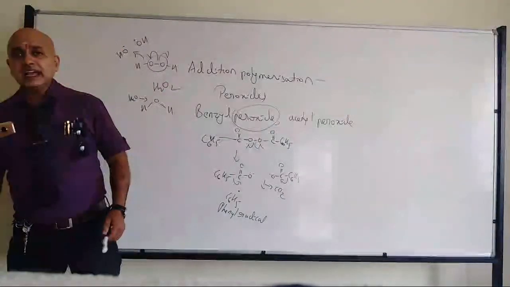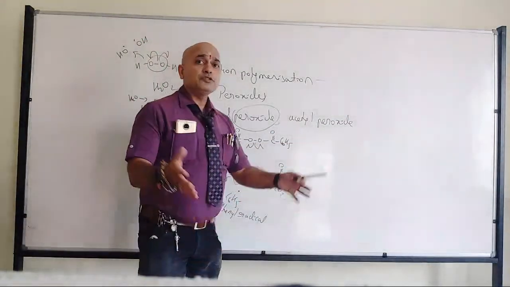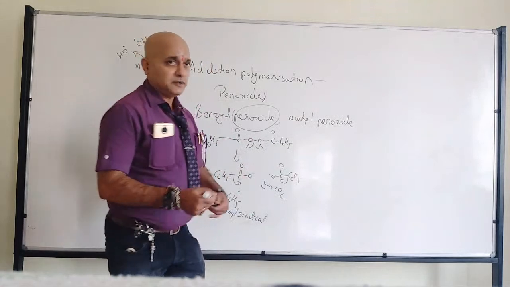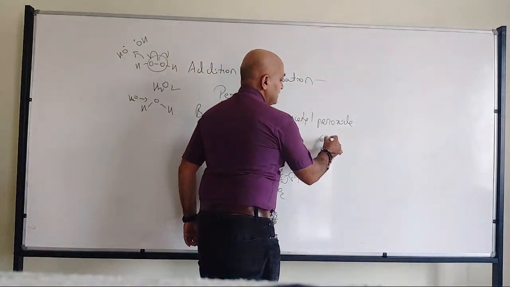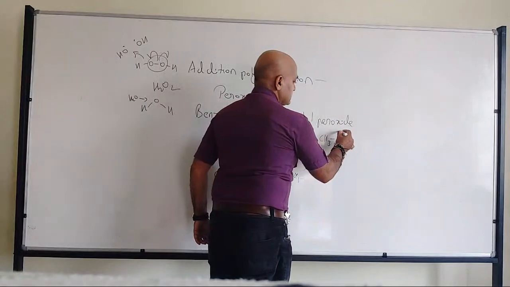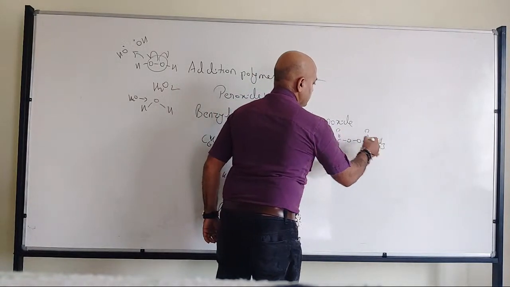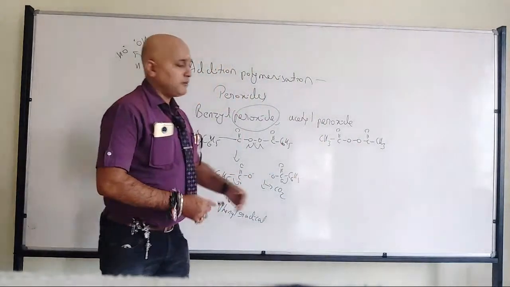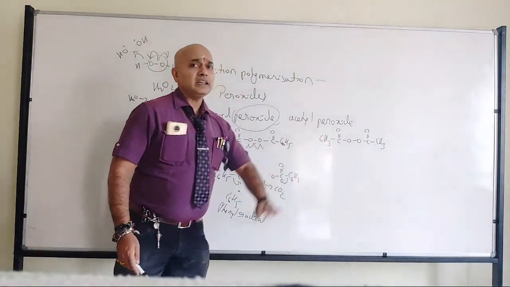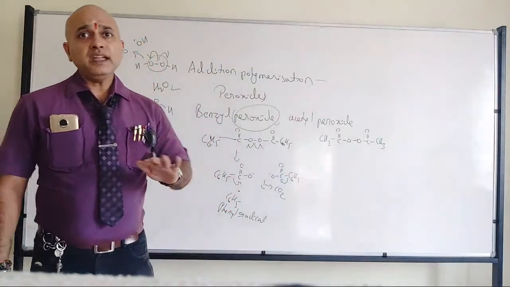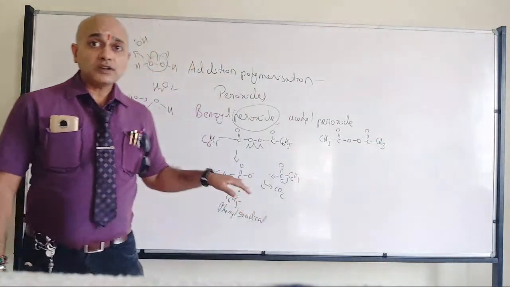Same way, acetyl peroxide means where 2 acetyl groups are linked by the peroxide or 2 oxygen atoms. That means diacetyl peroxide, CH3COO-OCOCH3. Now what will happen? There will be formation of methyl radical. Don't worry, in board exam they will not ask all these things.